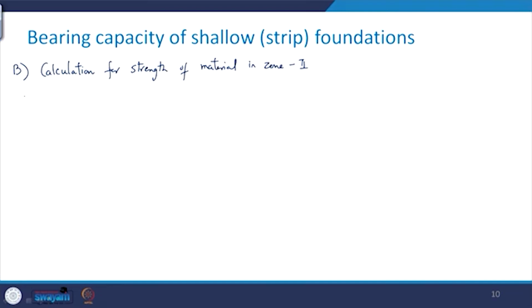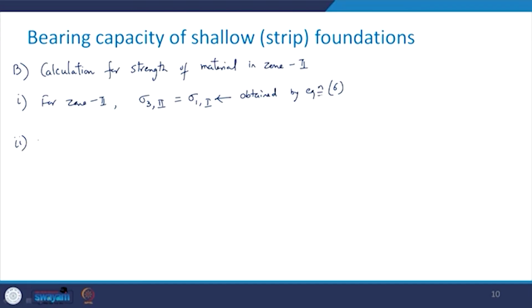Now again we will have the strength of the rock material and the strength of the discontinuities. So in case of zone 2, sigma 3 of zone 2 is going to be equal to sigma 1 of zone 1 as per Bell's approach, and this one we have obtained already by equation number 6. So, this is known to us now.